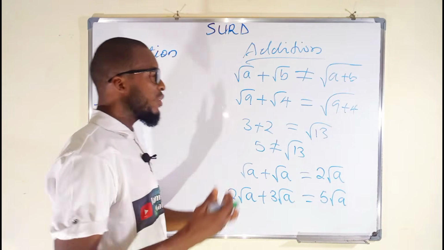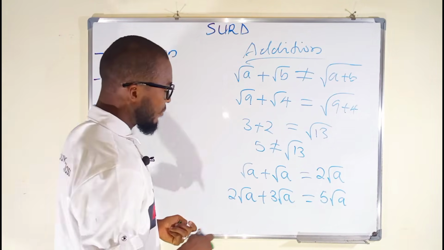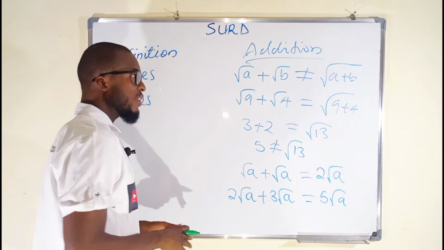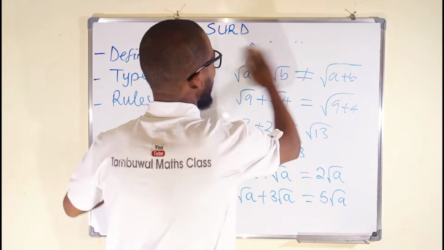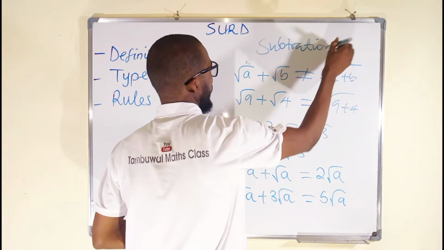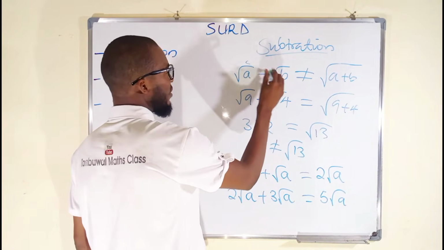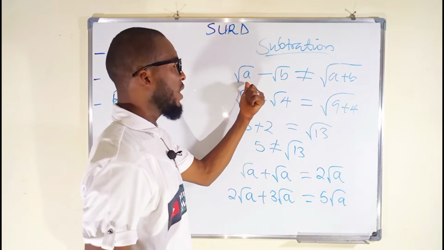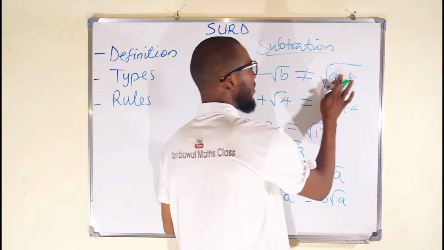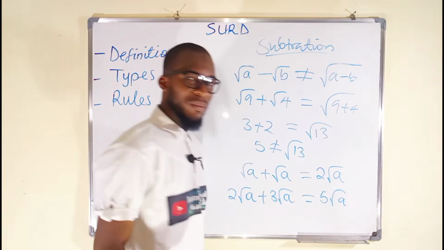Similarly, let us talk about subtraction. If we are to subtract root B from root A, this is never the same thing as root of A minus B. They are never the same.